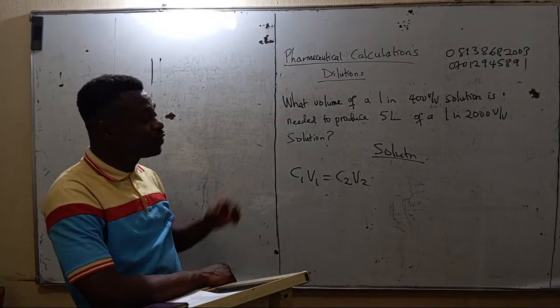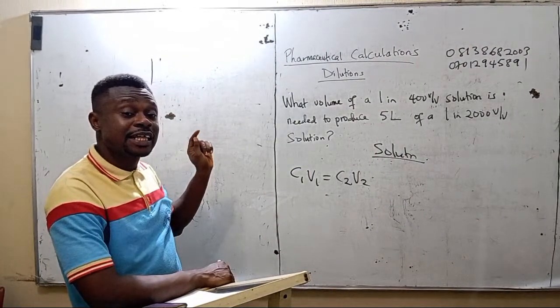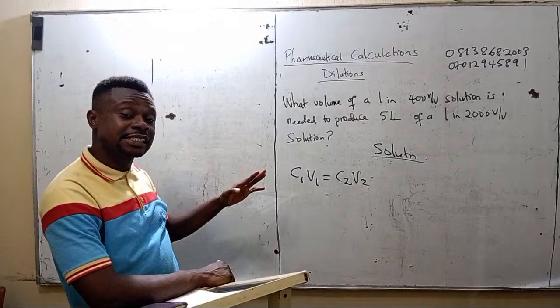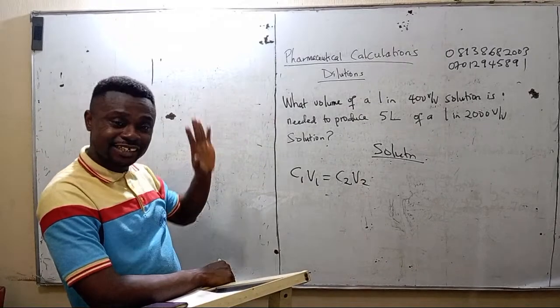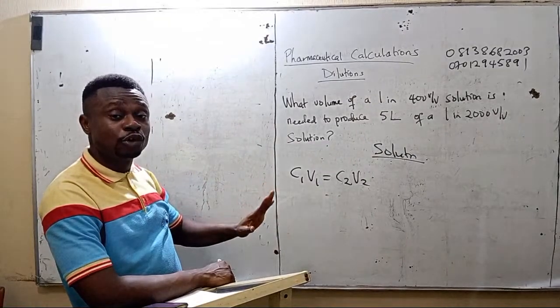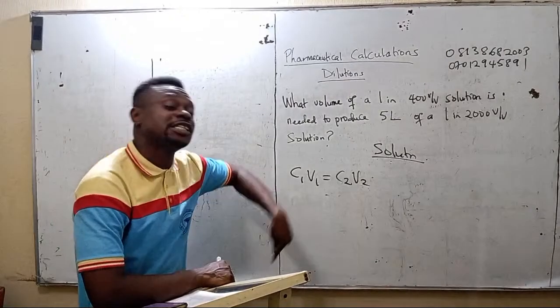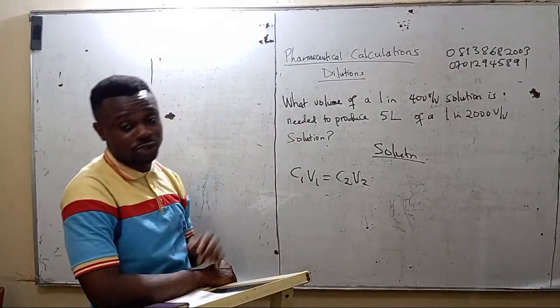Now, for us to solve this, remember also that volume in volume means that both the ingredient and the final product are liquid. That means liquid was poured inside another vehicle, which is also liquid, to prepare a solution.